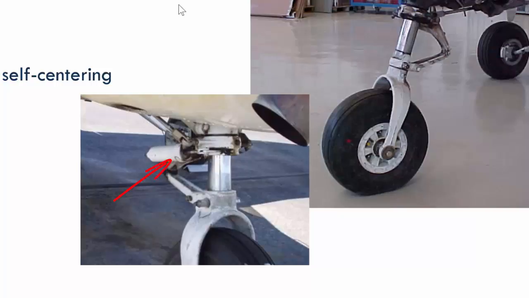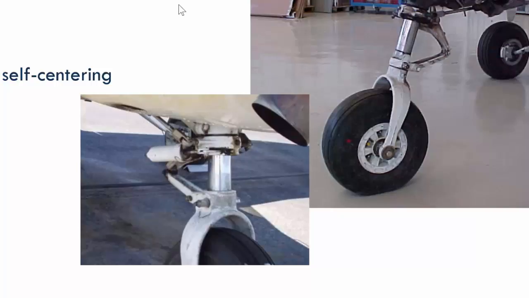Here we can see the shimmy damper. The shimmy damper is the element which prevents the shimmy effect, which is dangerous and can cause destruction of the landing gear. The shimmy effect can be caused by wearing of the tires or wearing of the bearings in the hub of the wheel.